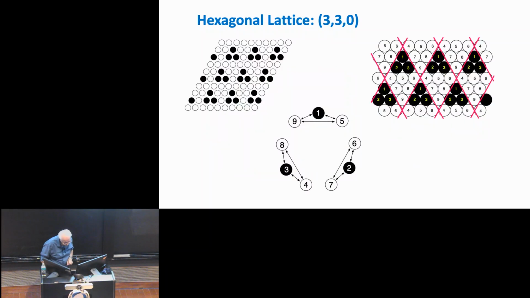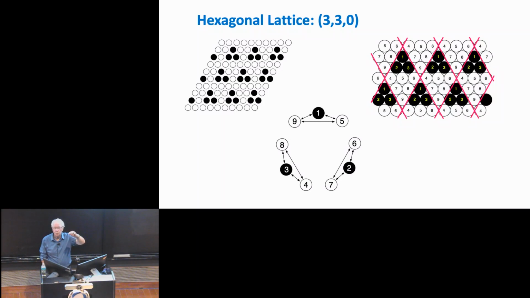Okay. And you can look at various of the patterns from that catalogue. You can see how they're built from a doubly periodic translation of parallelogram.